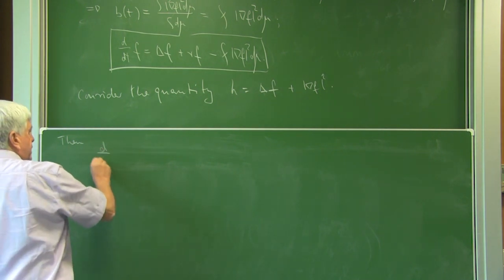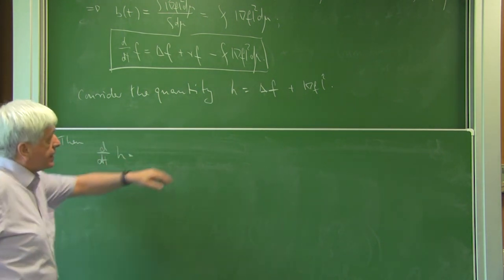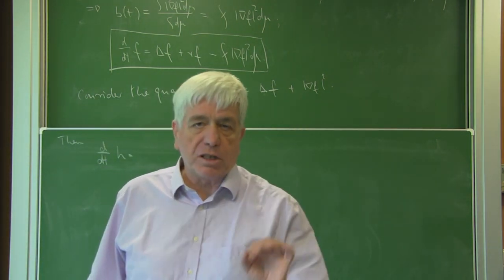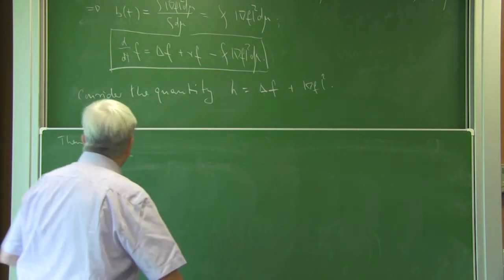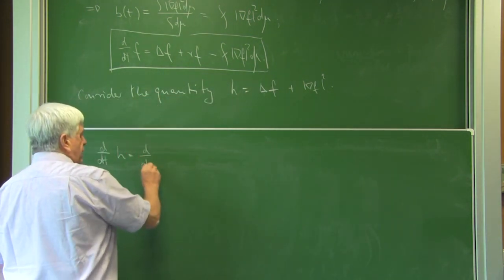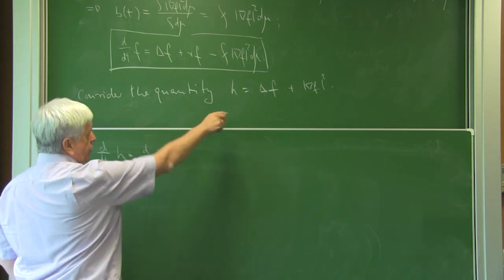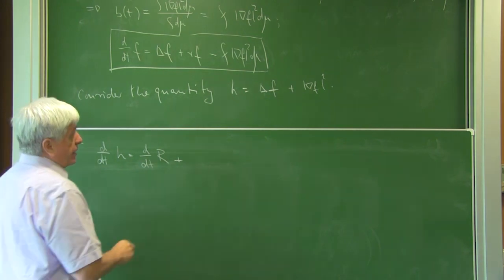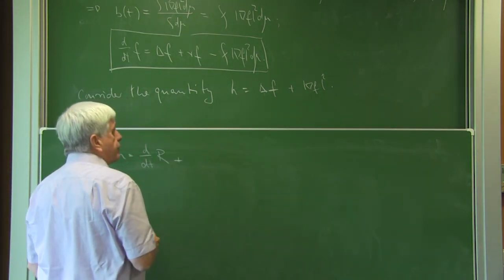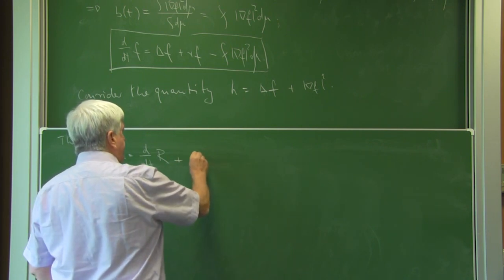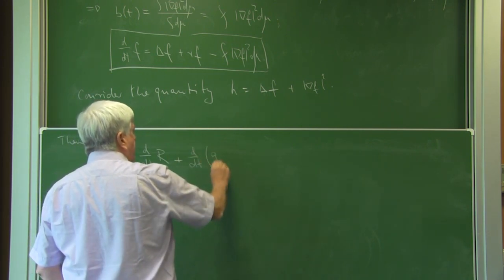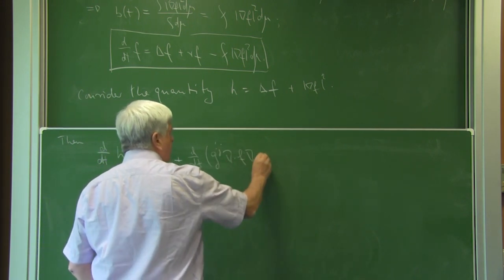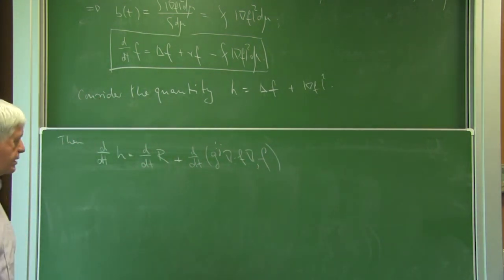Now, d/dt of h, since the Laplacian of f is scalar curvature minus little r, and little r is constant, this is the same as d/dt of R, the first term, plus d/dt of the gradient of f squared. Now for the gradient of f squared, we have to think again of d/dt of the metric and the evolution of f.